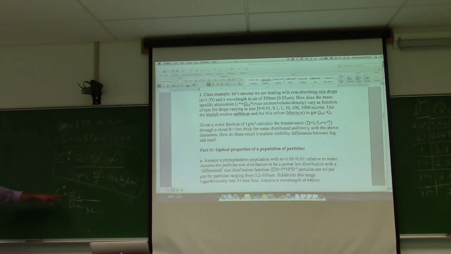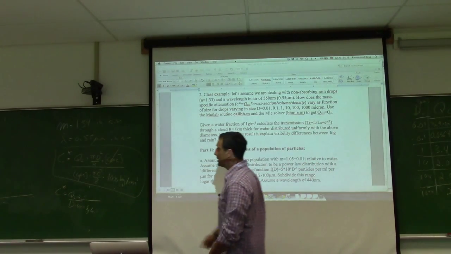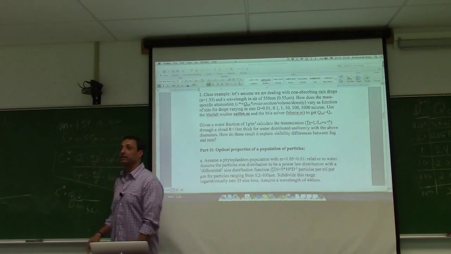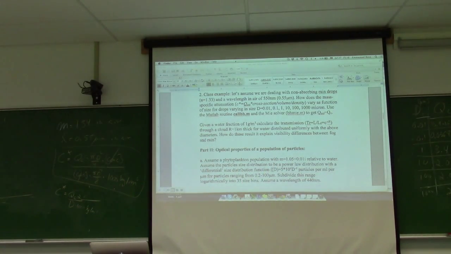So take the QCs, multiply them by 2, divide by the diameter, divide by 1,000, and tell me what you got as a C star. 10 to the minus 7. 10 to the minus 4. Third is 0.0068.